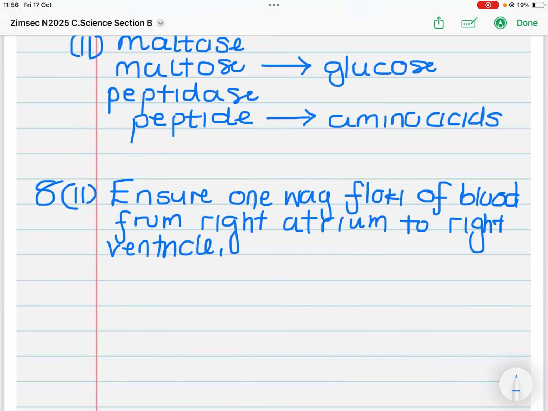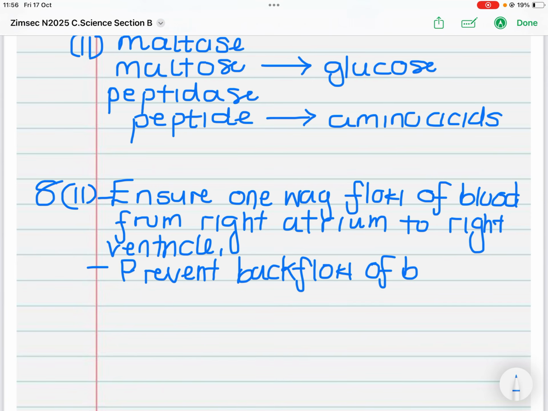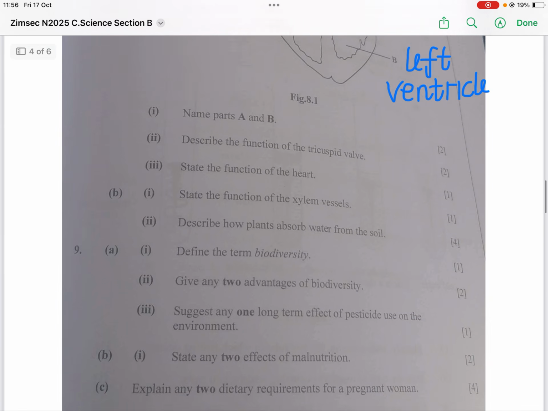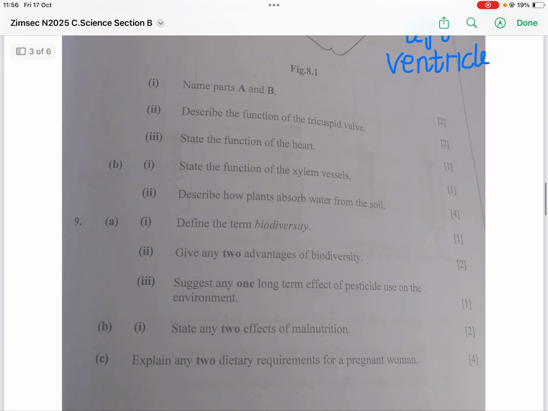It prevents the backflow of blood into the right atrium when the right ventricle contracts. And it is very important to mention this: prevent backflow of blood. So that was all about the part 2 of the question. We can go back to the question.